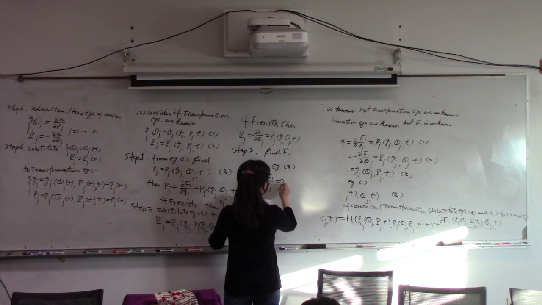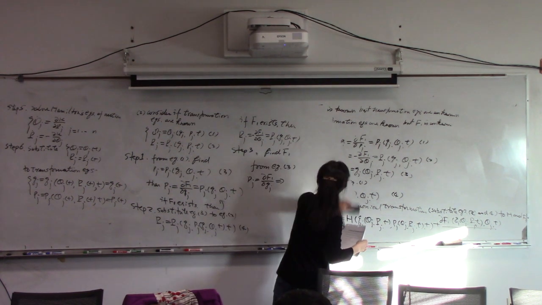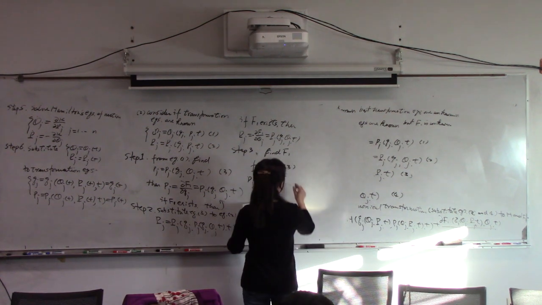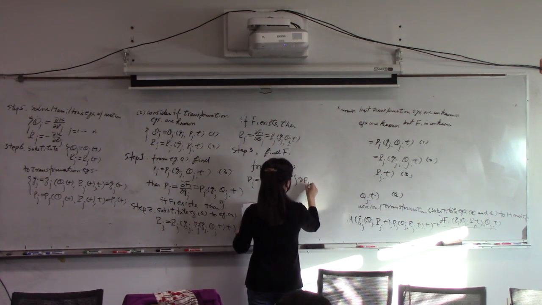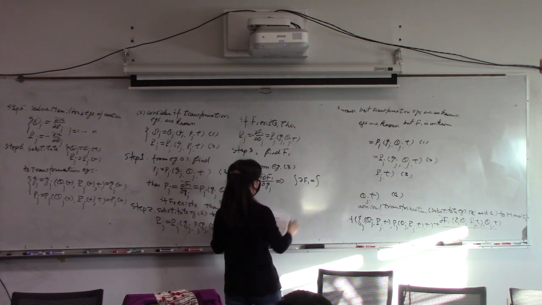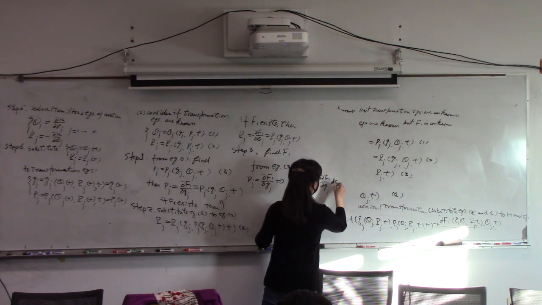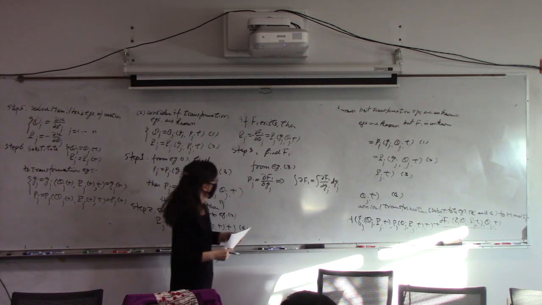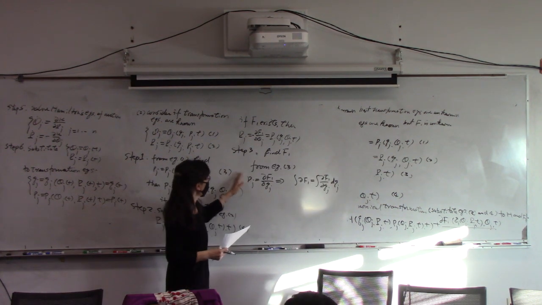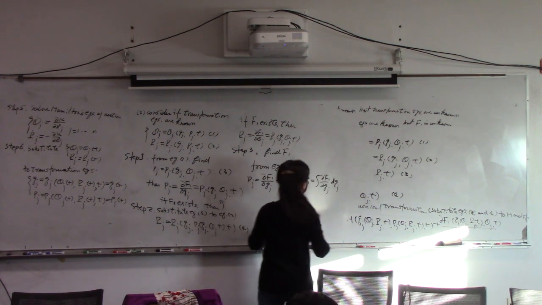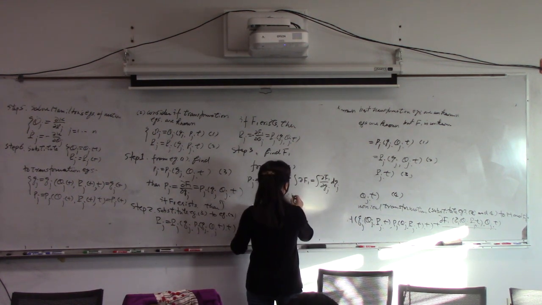Then that means if we do the integral, partial F1 should be equal to the integral of partial F1 over partial Qj dQj. I do the integral on both sides, and this integral, just keep, is equal to Pj.